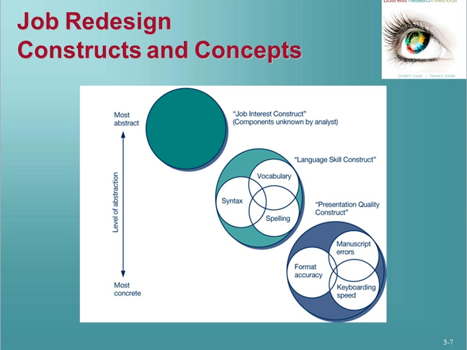The construct of job interest is not yet measured, nor are its components specified. Researchers often refer to such constructs as hypothetical constructs because they are inferred only from the data. They are presumed to exist, but no measure tests whether such constructs actually exist.